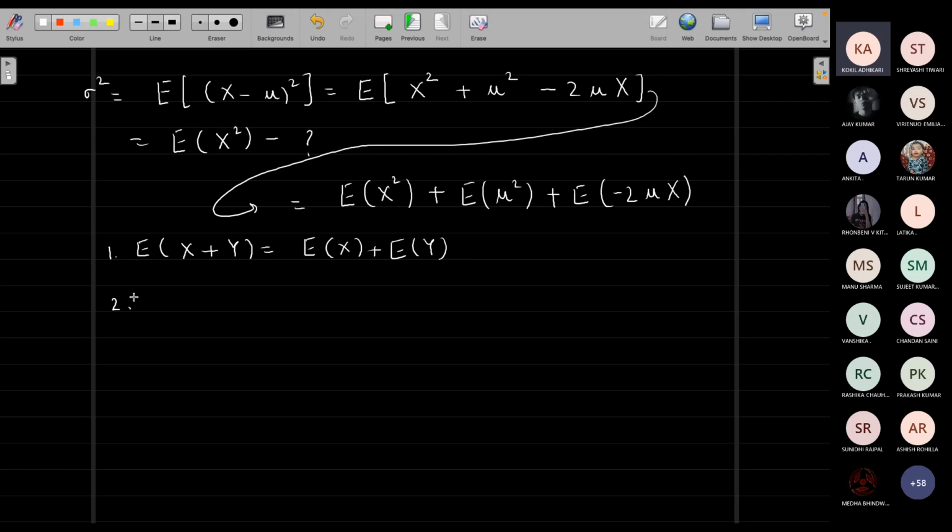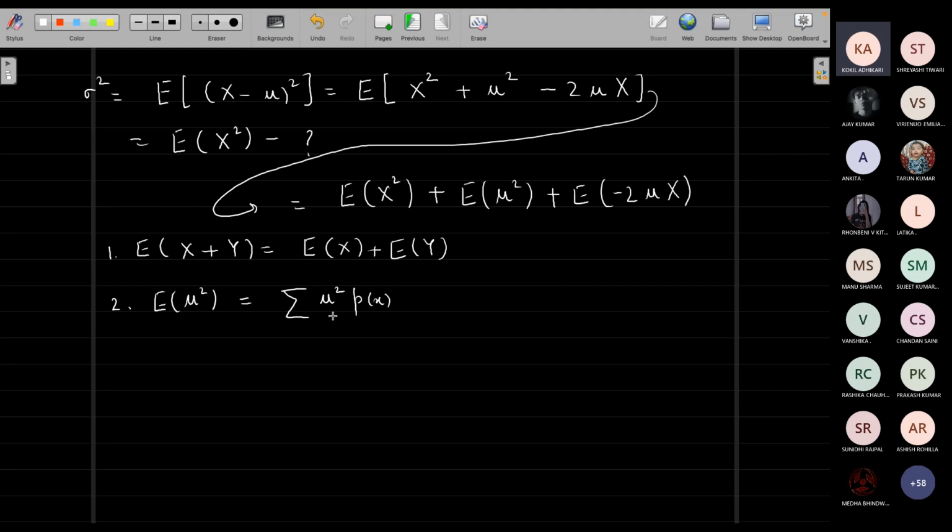And two, find the expectation value of mu square. What will that be? Just use the formula. It is mu square px over all possible x values. I am just doing it for a DRV, discrete random variable. You can do the same thing for the continuous, you will find the same.